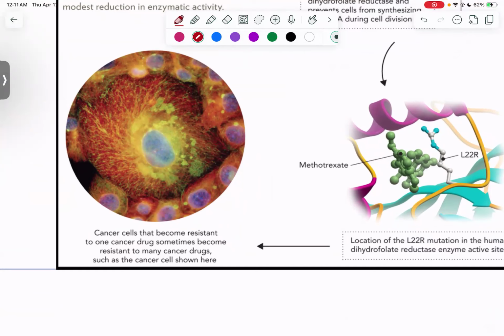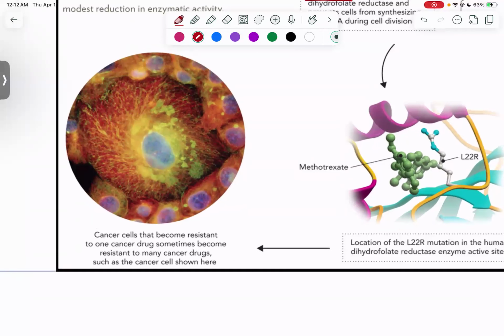But any cell whose only goal is to survive, whether it's bacterial or human, often develops mutations. Those mutations can actually prevent the binding of the drug. This is an example of that, where you have something like this L22R mutation in the active site that prevents your drug from doing its job.